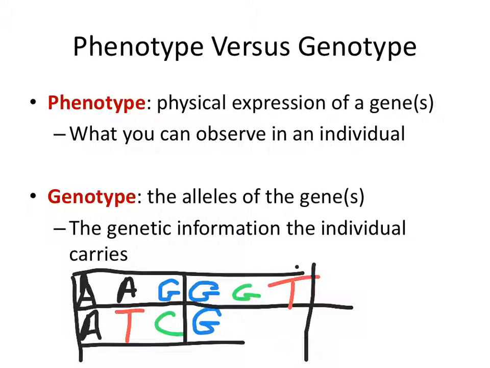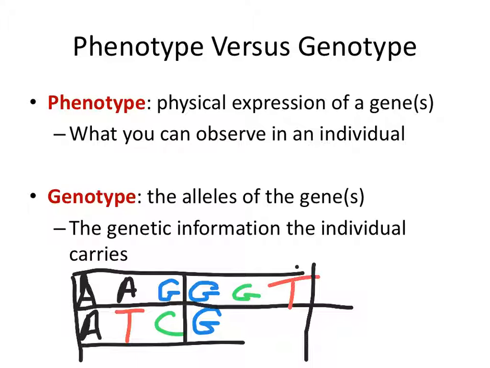Now, the phenotype is what you can observe, in other words, the trait, but these don't code for traits.